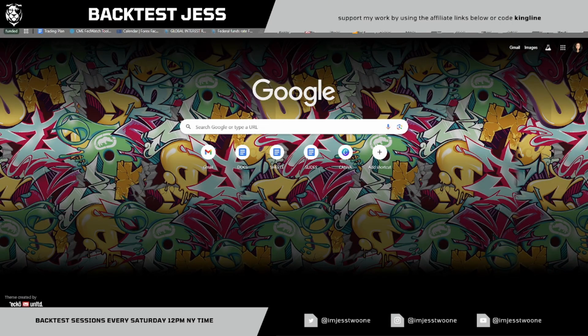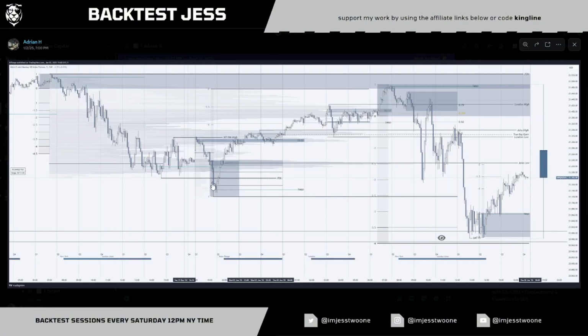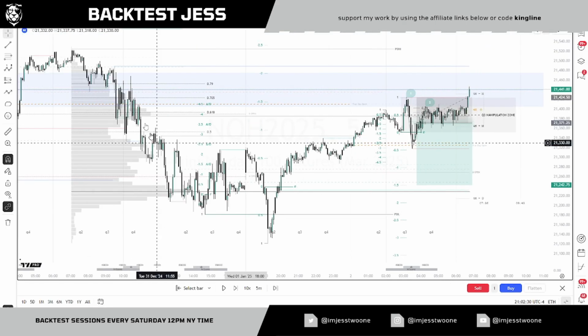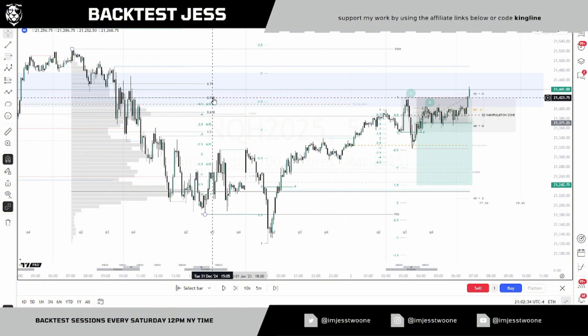Okay, so we're not going to form fit here, right? Because Adrian obviously had this manipulation marked out. And so what I'm thinking as we approach this 1 to 1.5 level, as well as OTE of previous day, is that this is where the manipulation can occur mechanically, okay? So again, the framework: we have previous day high to previous day low, 0.79, 0.705, 0.618, 0.5 of all previous days' action.